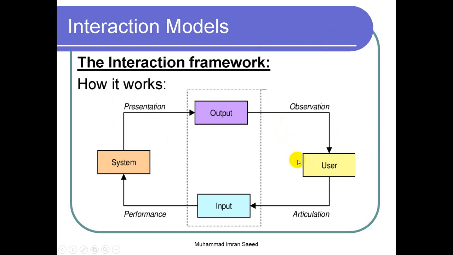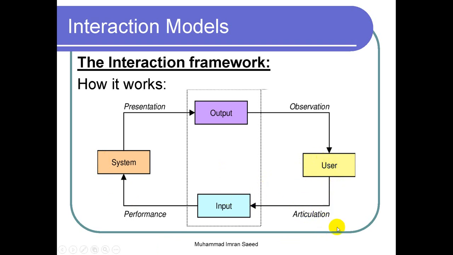Here is the user, here is the system. The user wants to do something, so he or she has to articulate, has to say, has to provide that particular command to the system, right? So the user will articulate. This is the articulation process, when the user is telling the system what to do.